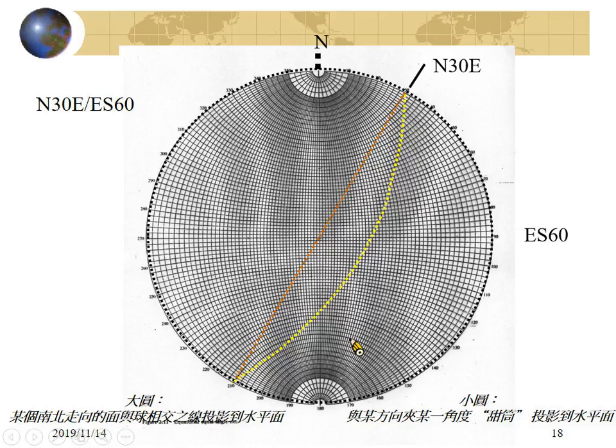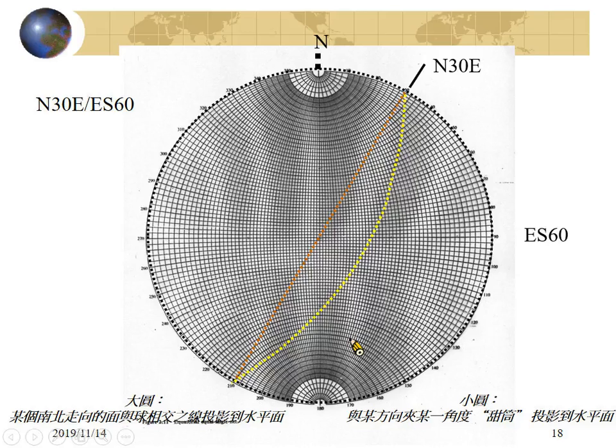If I give you a question like this, please draw a plane or a fold where the orientation of the plane equals north to the west 60 degrees and dip to the west south 30 degrees.